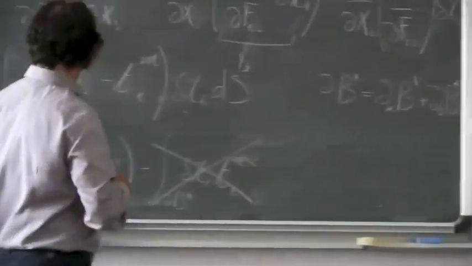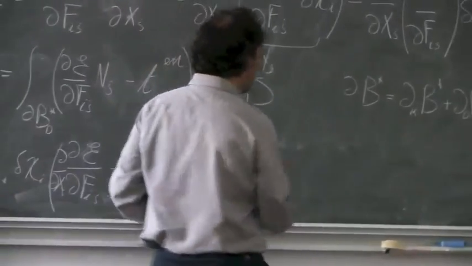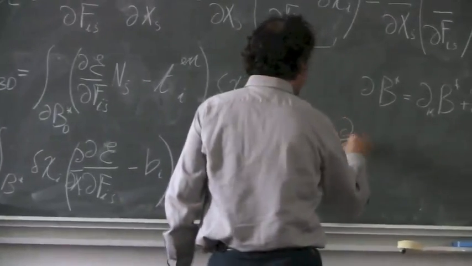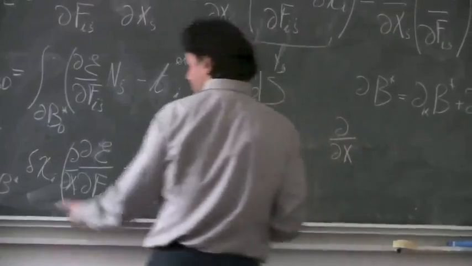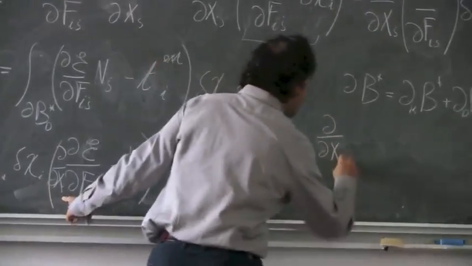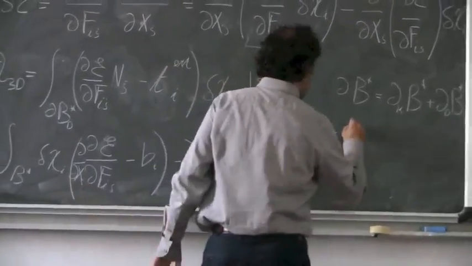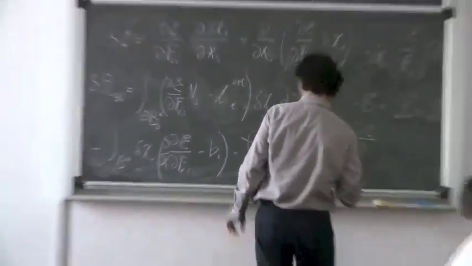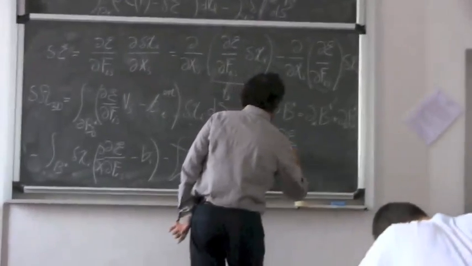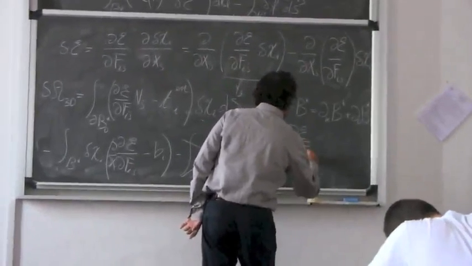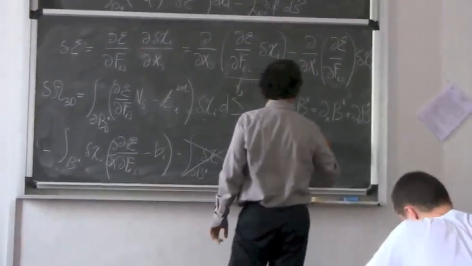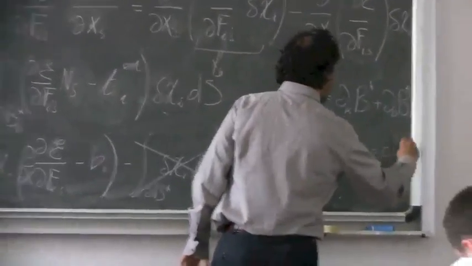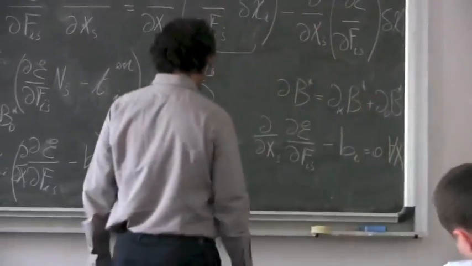And so the partial differential equations are the following. We have the derivative with respect to xj of the derivative of E with respect to Fij, minus bi equal to 0 for every x.